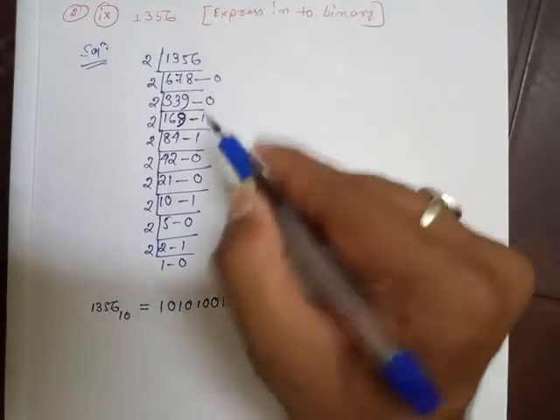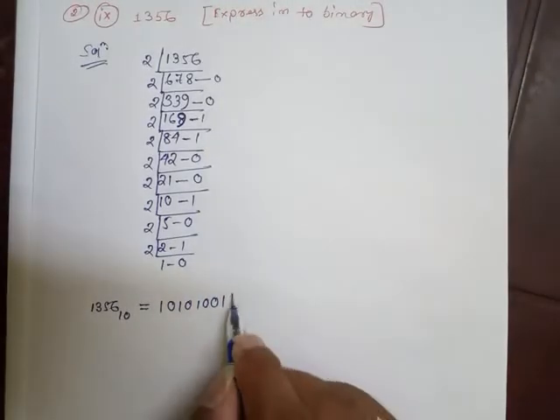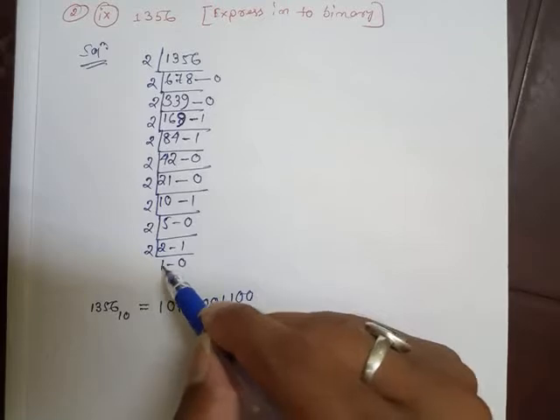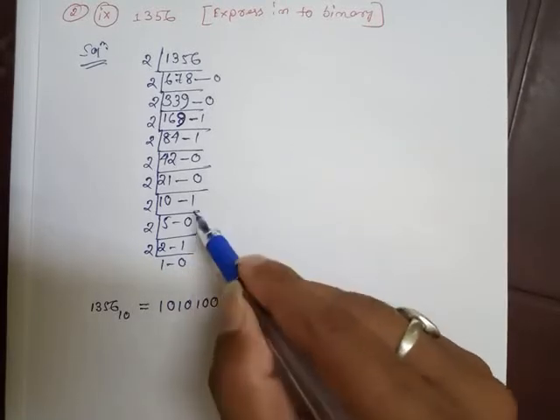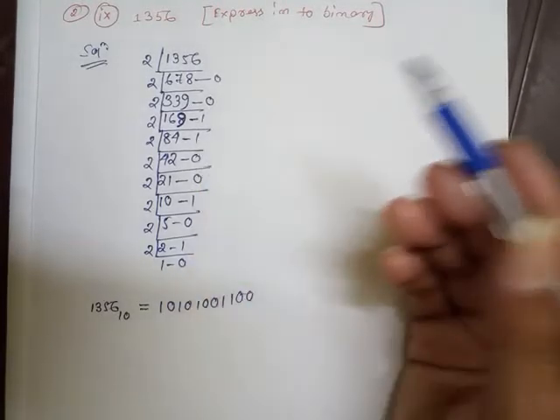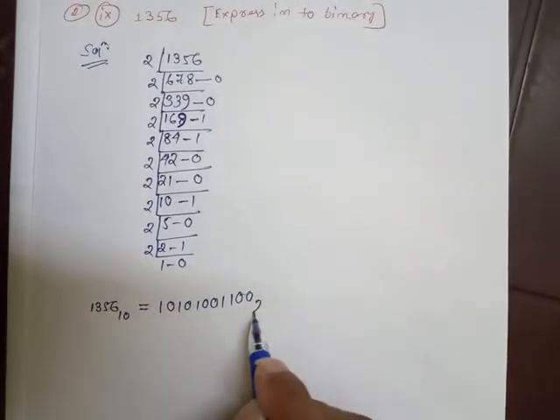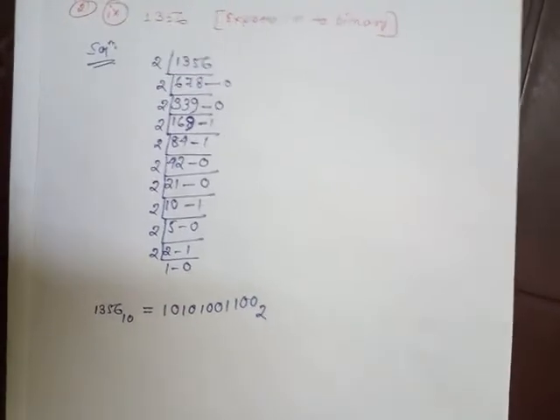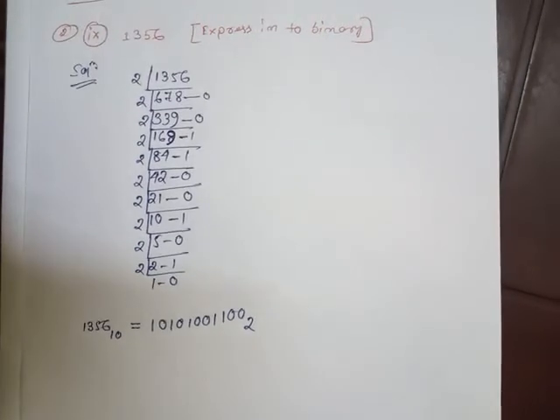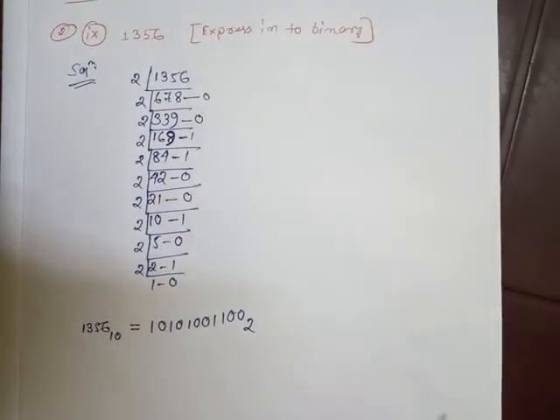I repeat again, reading from the bottom up, this would be the answer in base 2 only. This is our conversion of decimal to binary with the value of 1356.